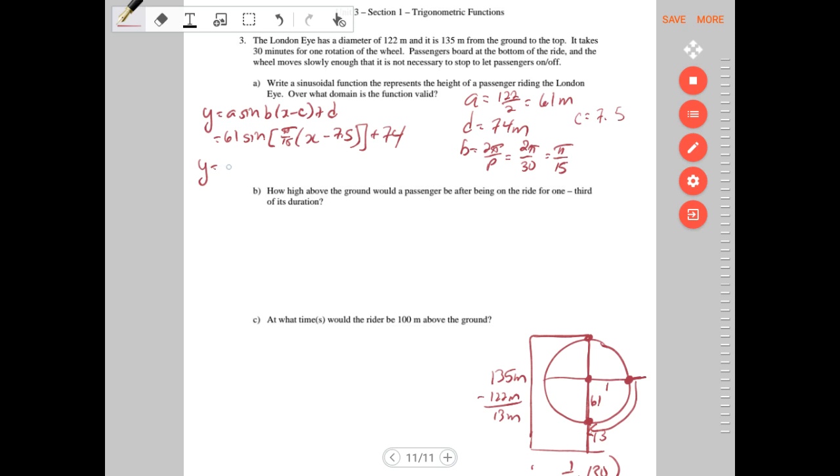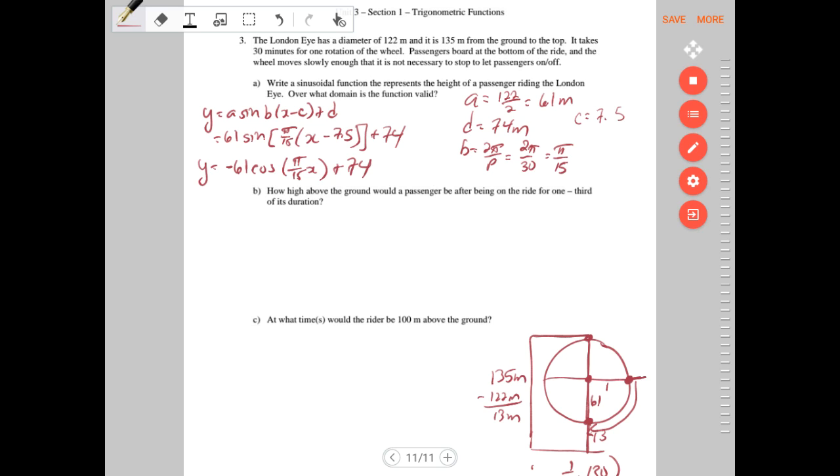So that would look like A is negative 61 cos of pi over 15 times x plus 74. And again, feel free to graph those and make sure that they look the same. And then you can check to see that at time 0, it should be only 13 meters above the ground.